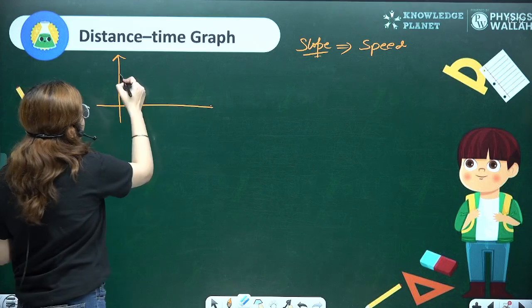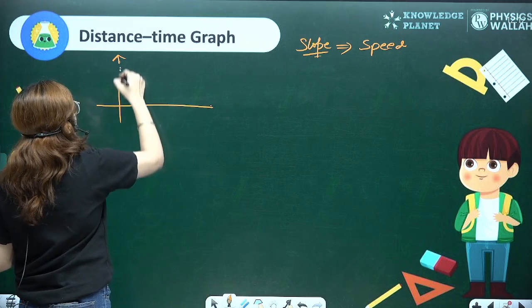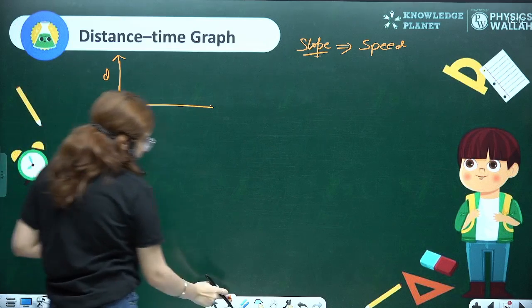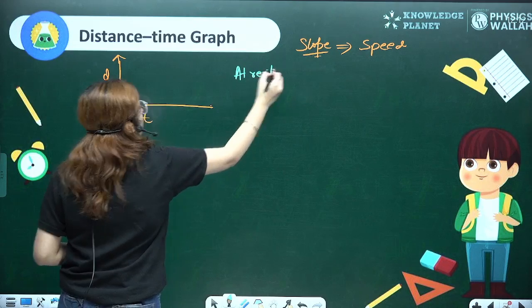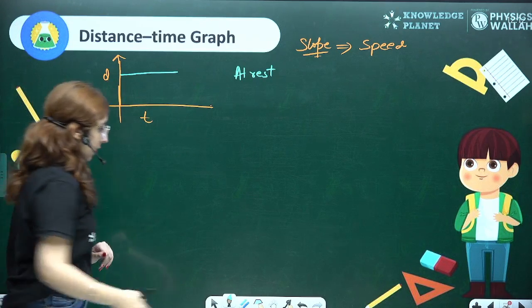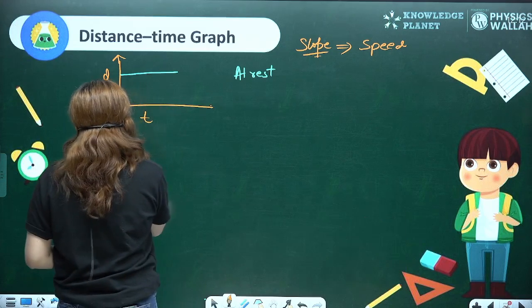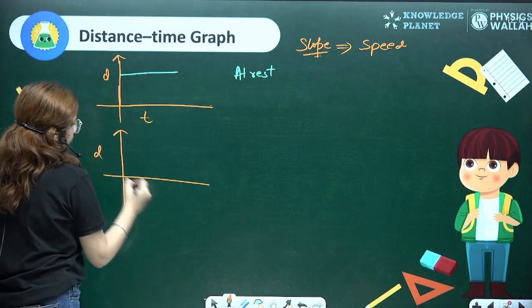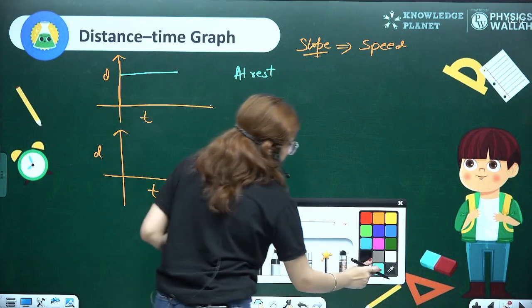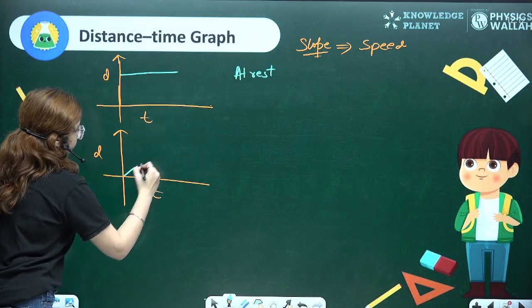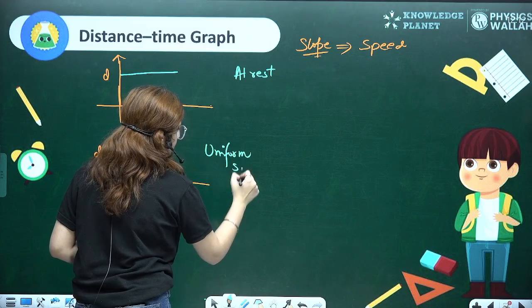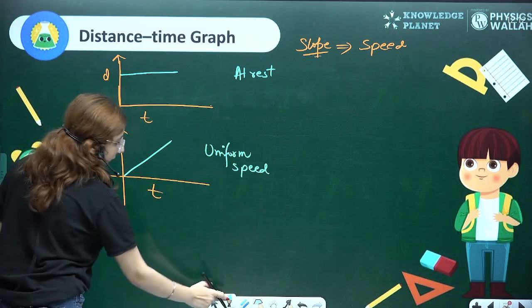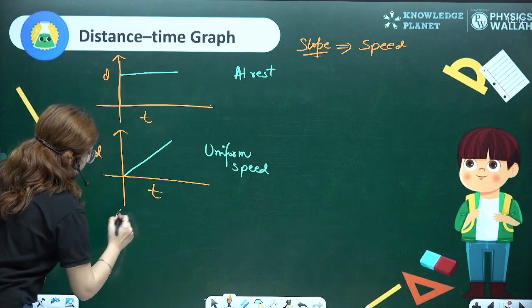So have a look. In the distance time graph, when a body is at rest, when the body is having uniform speed, and when the body is having non-uniform speed.